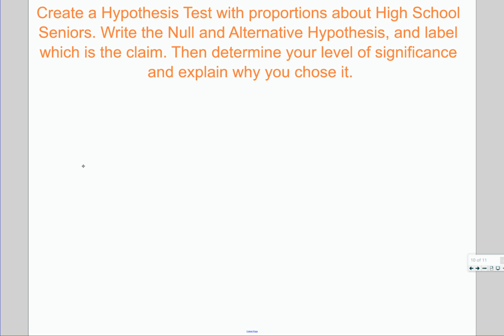So it can be this percent, more than this percent does something, less than this percent does something, or exactly this percent does something. But the percent needs to be part of your claim. So any suggestions that you want to write? It's the last problem. After we do this, we're done, guys.